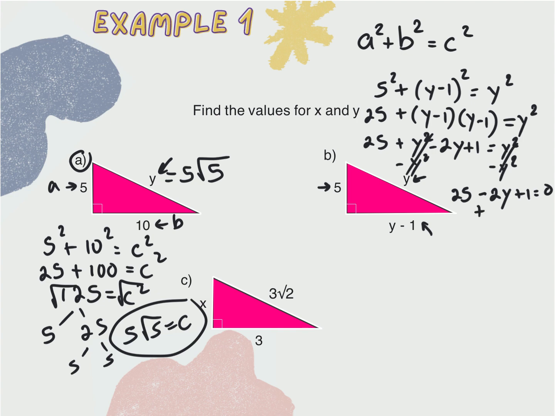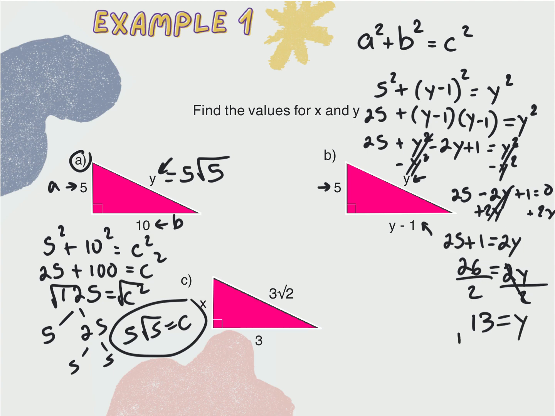I'm going to go ahead and add the 2y on both sides, and I'm left with 25 plus 1 is equal to 2y. This is going to combine to 26 is equal to 2y. I divide by 2, and I get that y is equal to 13. So we found the second y.